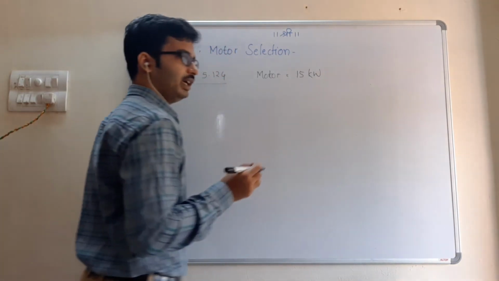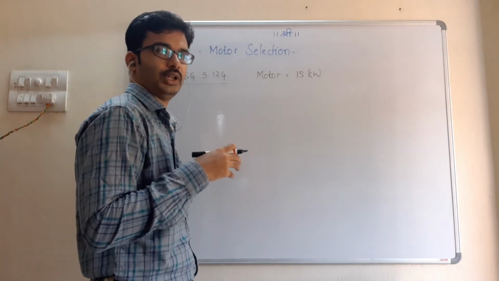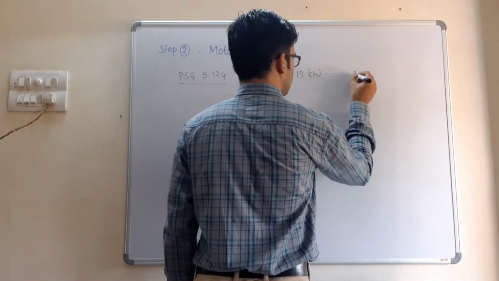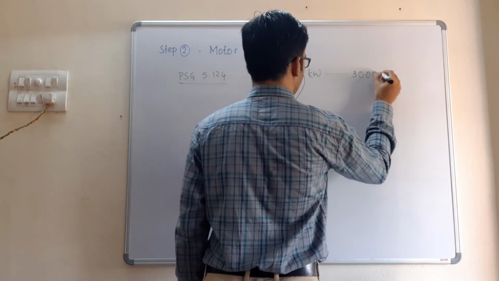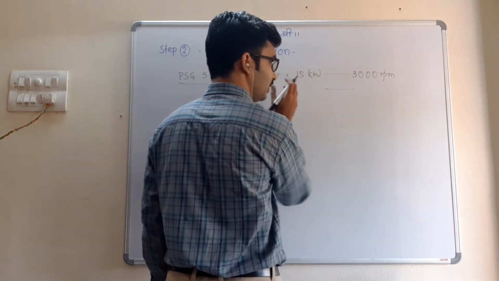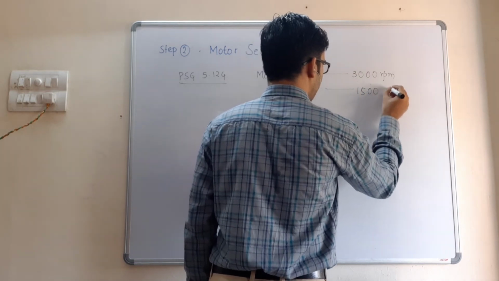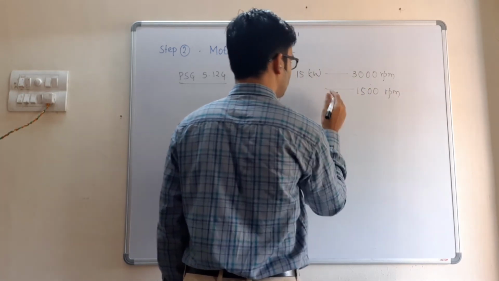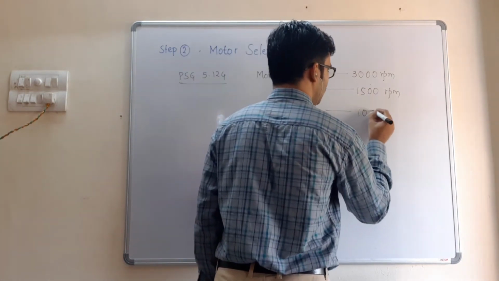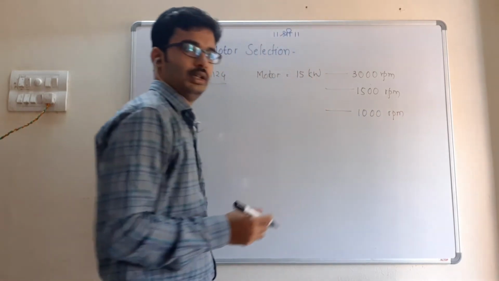You will find that the same motor is available for 3 different RPM speeds. The first one is 3000 RPM, the second one of the same capacity, 15 kilowatt, with 1500 RPM, and the third one of the same power, 15 kilowatt, but with 1000 RPM. Now which one is to be selected?